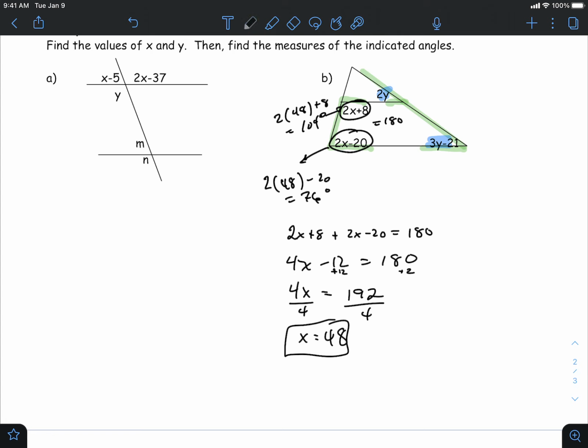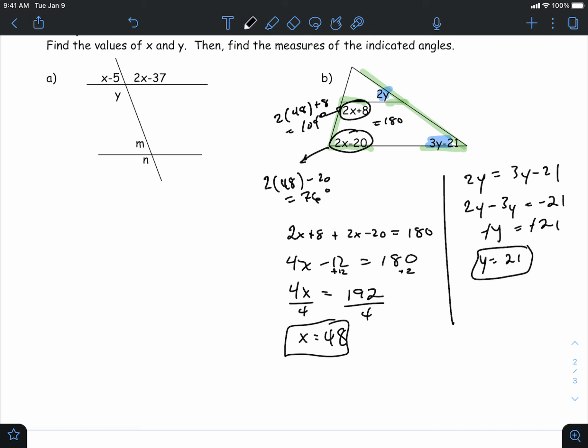So let's find y. Okay, we know that 2y has to be equal to 3y minus 21. So we're going to go 2y, take away 3y, has to equal negative 21. 2y minus 3y should be negative y, has to equal negative 21. Just cancel, so we know y is positive 21.